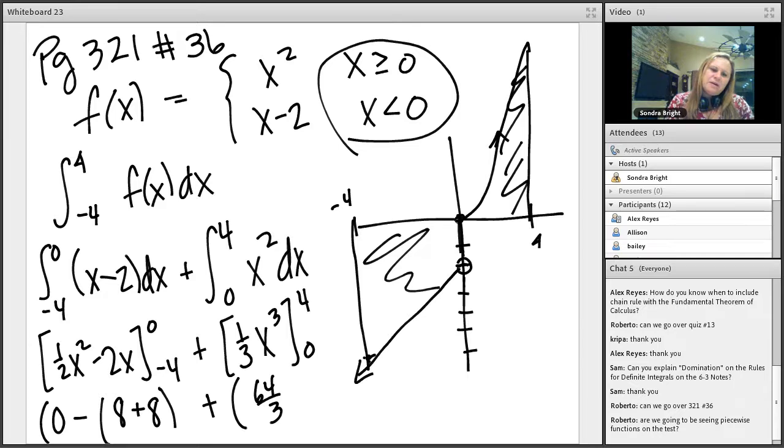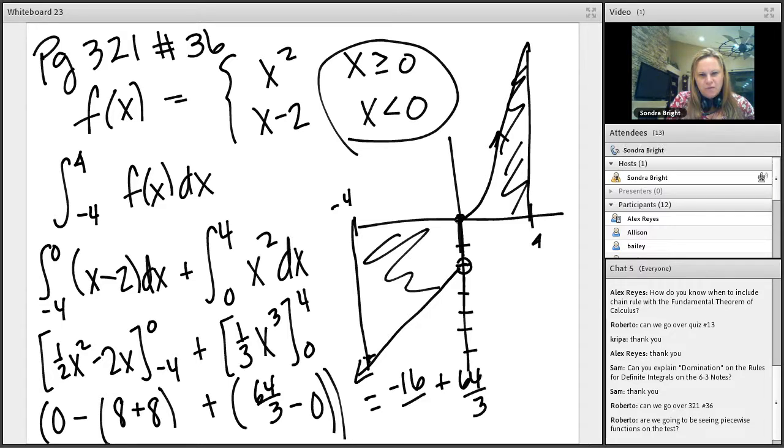Wait, 0 minus -4 would be 16 divided by 2, plus 8. No, okay, I'm good. And then 64 over 3 minus 0. All right, so what is that? A -16 plus 64 over 3. Getting a common denominator, -48 plus 64 is 16 over 3.